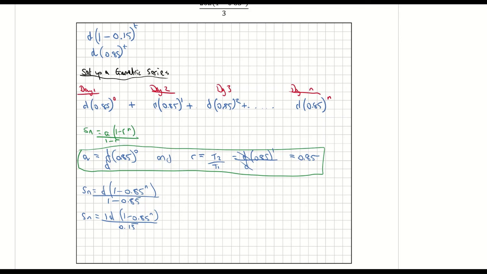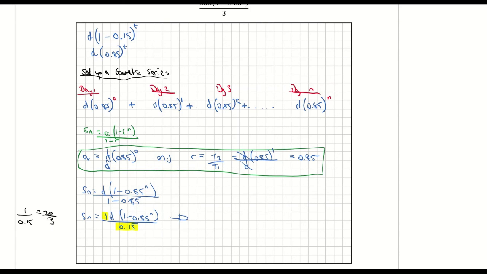Now look what happens. Come out here to the side maybe. I'm basically going to divide this 0.15 into this 1. So I'm dividing 1 by 0.15. And when you go to your calculator and divide 1 by 0.15, you get 20 over 3. So that means that this here is the same. It's an equivalent fraction basically. 1 over 0.15 is the same as 20 over 3.